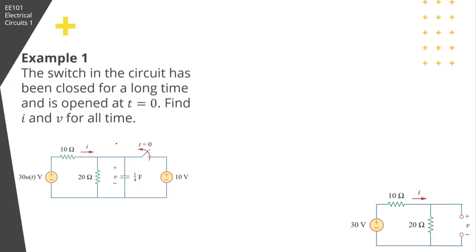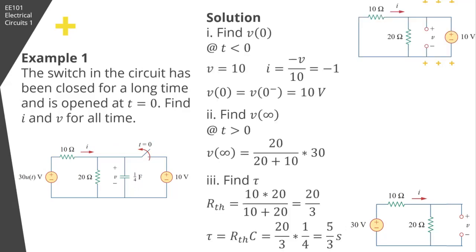Another thing is that we are asked for the current and the voltage for all time. So for all time man, kumbaga at t less than 0 and t greater than 0, sabot step response ato ang kinahanglan. Okay, let's consider ang ato ang circuit at time less than 0 para makuha nato tong v at 0.